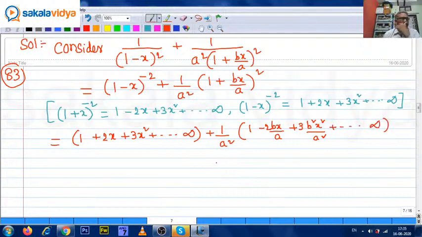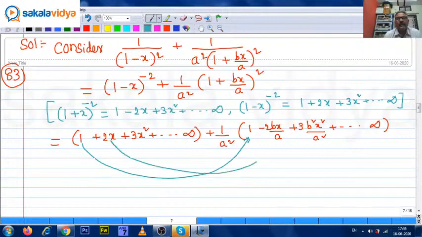Now we need to find the first two terms. The first term is the constant term, the next term is the x term, 3x. So we multiply the constant terms, and next the x terms.